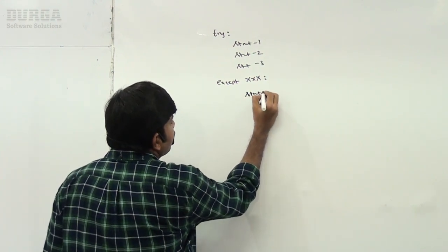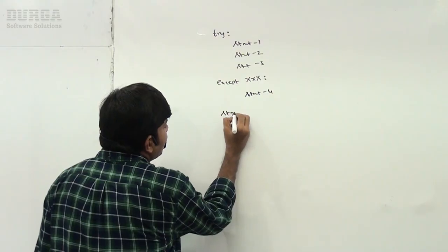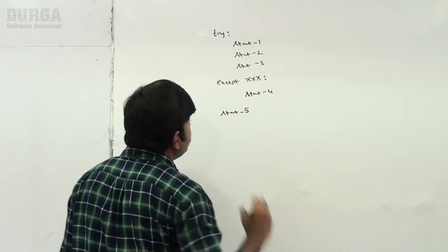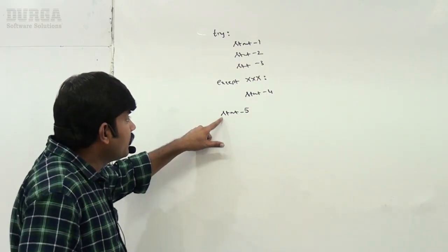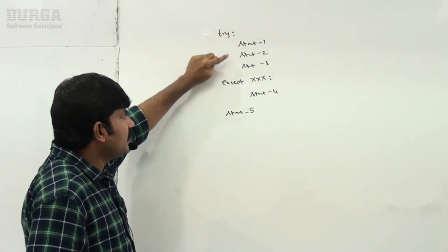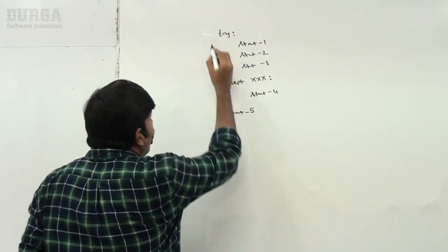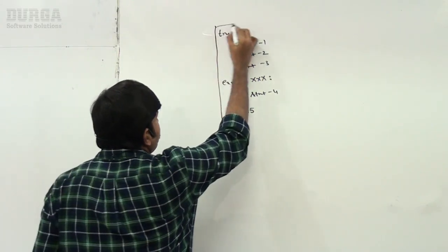Now statement 4, and after that statement 5. Now observe carefully. Statements 1, 2, 3 are within the try block. Statement 4 is inside the except block. Statement 5 is outside of the except block.